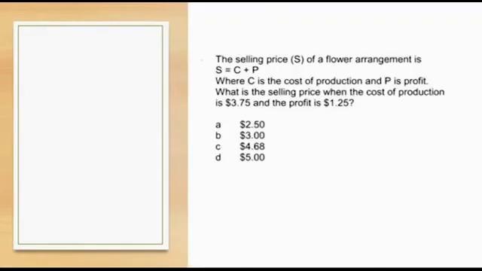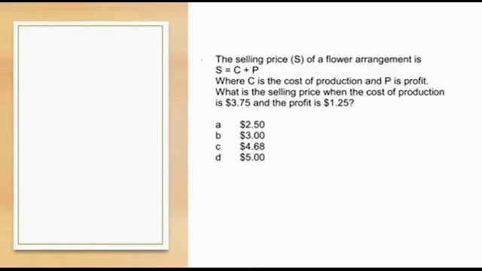All right, so here we are looking at algebra in another little way. So the selling price, which is indicated by the S, of a flower arrangement is S equals C plus P. C is the cost of production and P is profit. What is the selling price when the cost of production is $3.75 and the profit is $1.25?